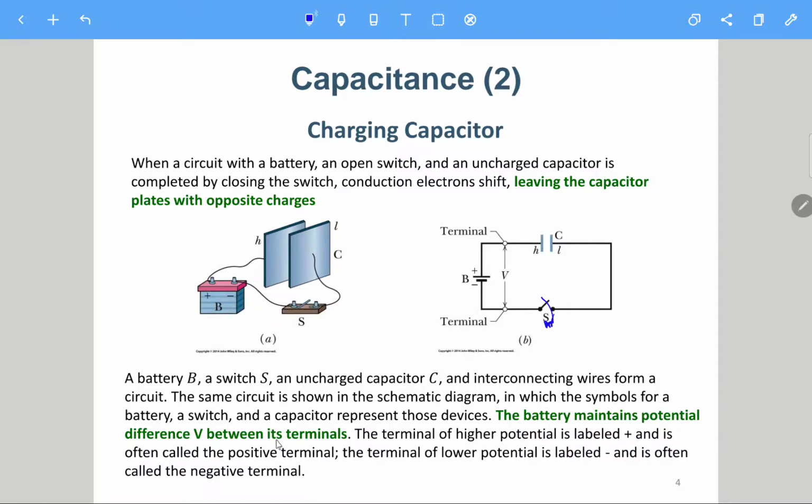So the battery maintains potential difference V at its terminals. The terminal of the higher potential is labeled as plus. Usually we will not actually write the plus or negative because the long side already means that side is positive.